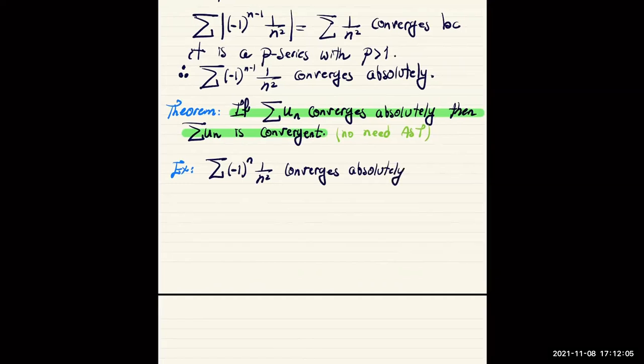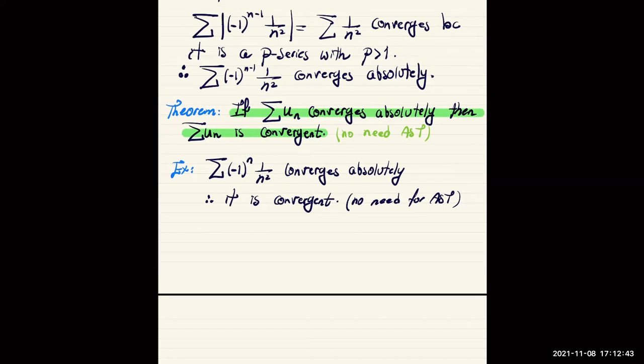Therefore it is convergent. I don't need to check AST. You can check the alternating series test if you want, and it is going to end up telling you that it's convergent. Does this make sense, guys?